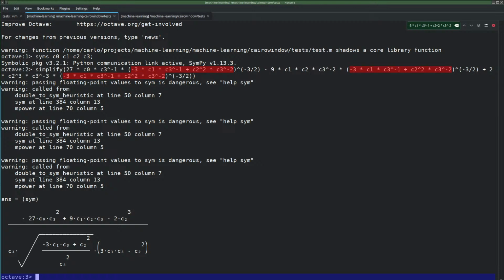Not very much simpler. That is a damn difficult, big thing, really.